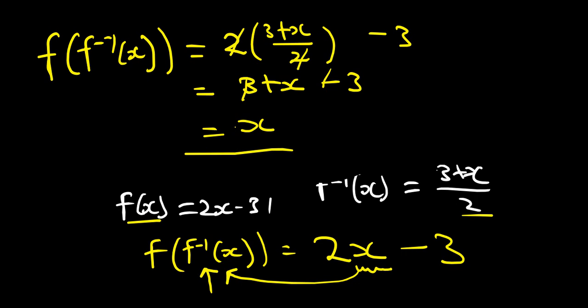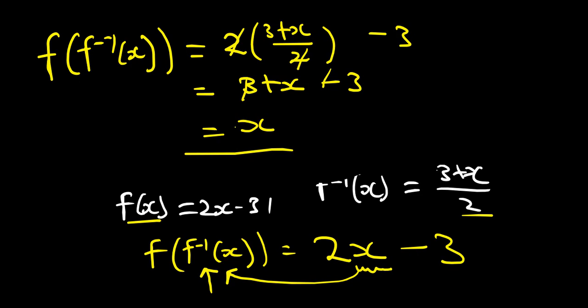Those are some of the exam questions that come. They can say, show that the function, they give you a function and another function, and then they ask you to show that these two functions are inverses of each other. For you to show that, just find the composition of those functions.